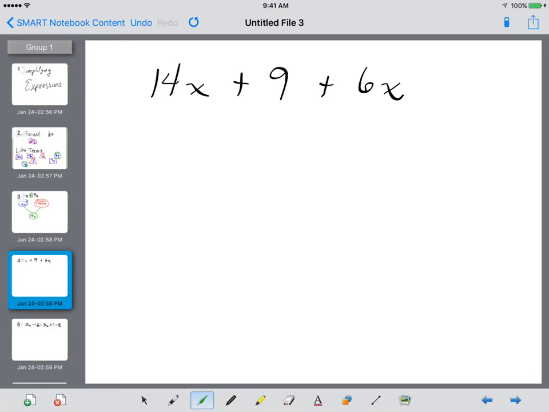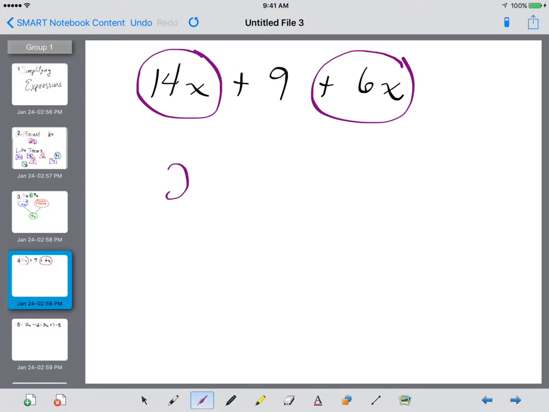Sometimes we have an expression where not all the terms are alike. We have 14x plus 9 plus 6x. Well, I know for sure 14x and 6x, those are like terms. And much like I did prior, I've got 14 x's in one bucket, I've got 6 x's in another bucket, so I have 20 x's altogether.